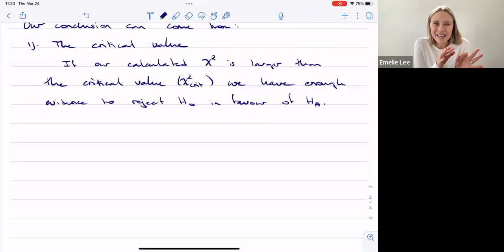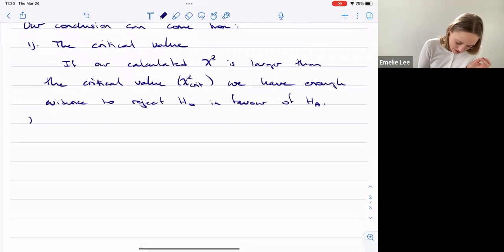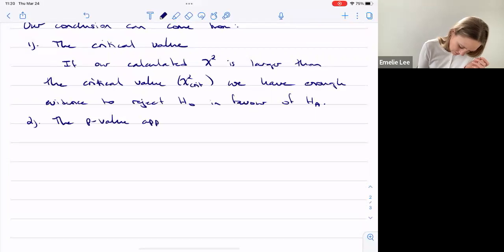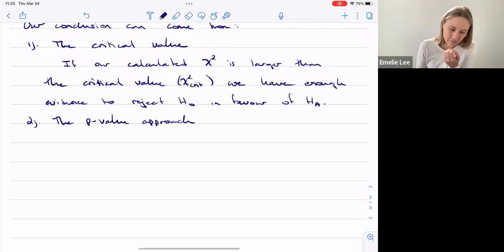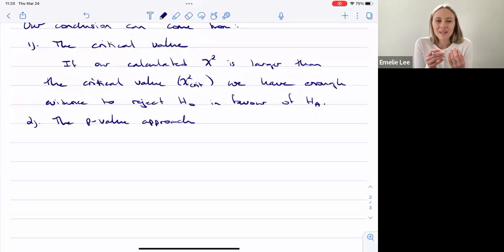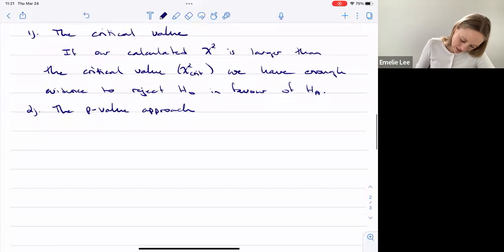The other option is the p-value approach. Using our degrees of freedom, you stay on that line and try to place where your calculated chi-squared would go.